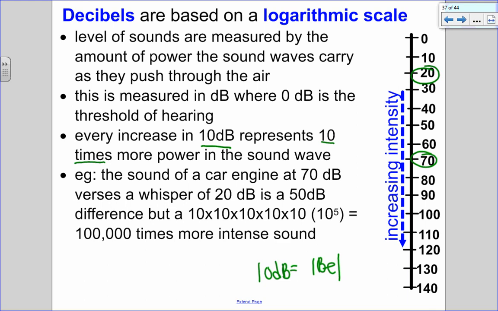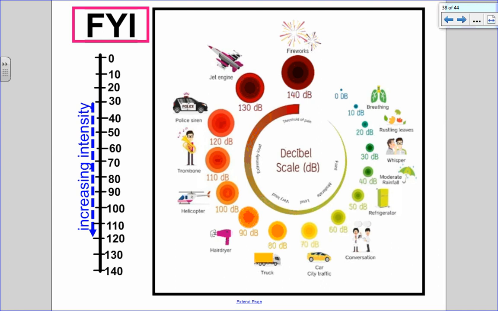So just to put this into perspective so you see what decibels are, here are some examples of common objects for decibels. Interesting to note, if you are exposed for an extended period of time to any sounds over 85 decibels, it can actually cause hearing loss over time.